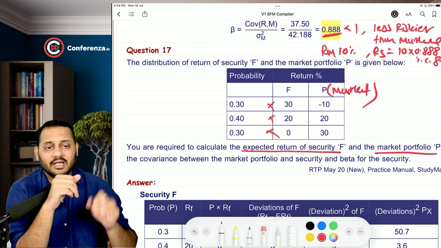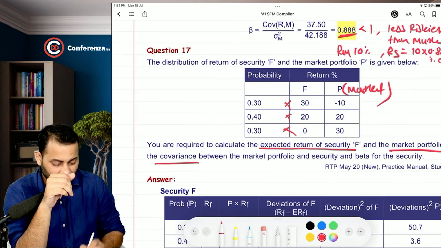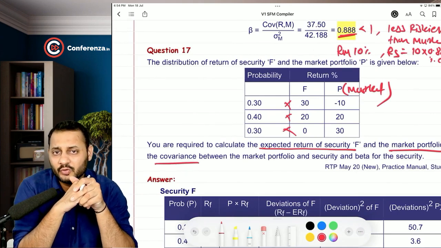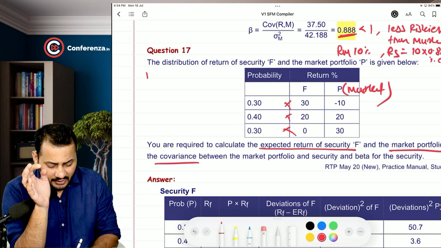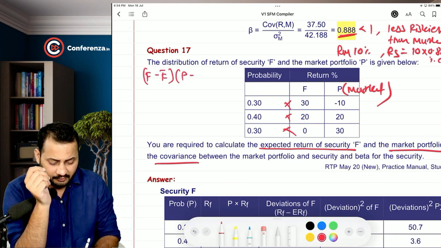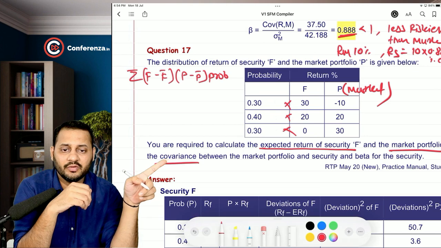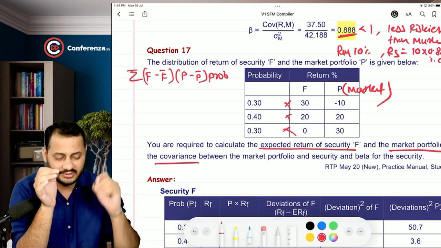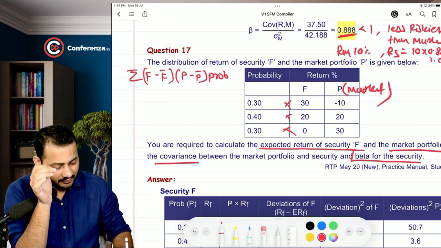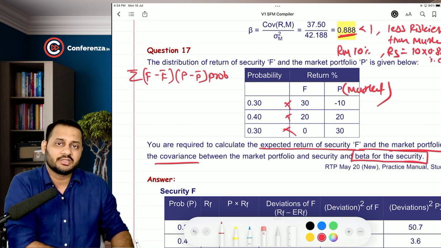Okay, then they are asking us to find out the covariance. Can we calculate the covariance? It's very simple, sir. F minus bar F deviation, P minus bar P deviation, multiplied by probability, and then summation. This will give you the covariance between the market portfolio and the security, and later on they have asked us to calculate the beta of the security.